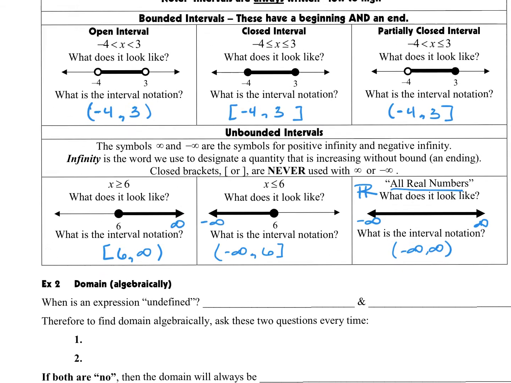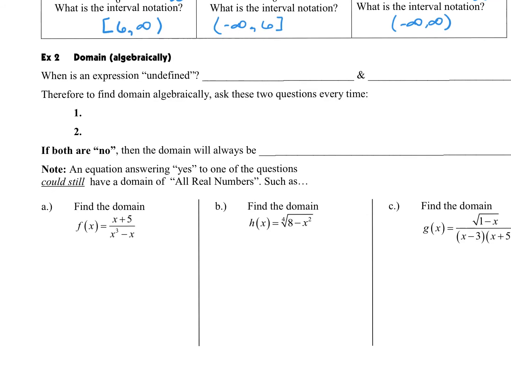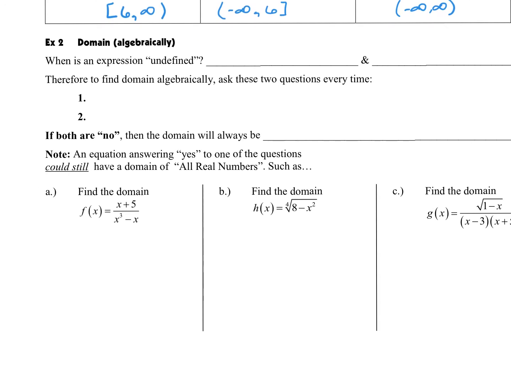Now let's take a look at domain and how we can practice applying this interval notation. In the past, you've only done domain graphically. You've looked at a graph and identified what X values were part of that graph. Now we're going to learn how to do this without a graph.